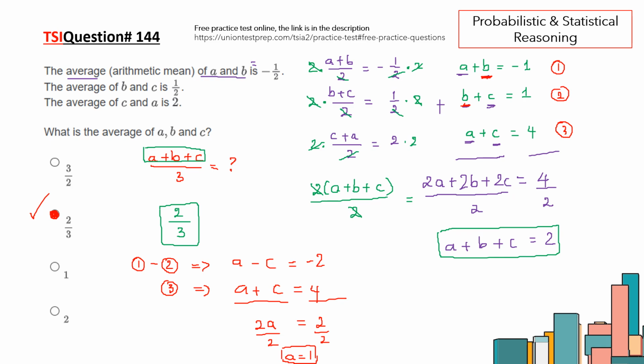Now A equals 1, and we plug back into these equations. We will have 1 minus C equals negative 2. Now we add 2 to both sides, and then add C to both sides. This is gone, and we have C equals 3.